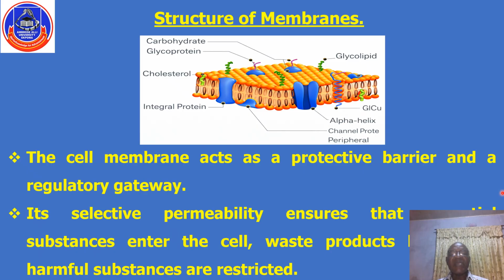Of course, you know that the cell membrane acts as a protective barrier and a regulatory gateway. Its selective permeability ensures that substances enter the cell, while waste products or other harmful substances are barricaded from entering the cell.